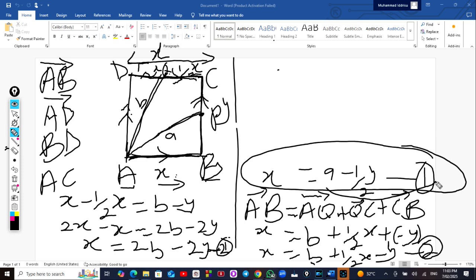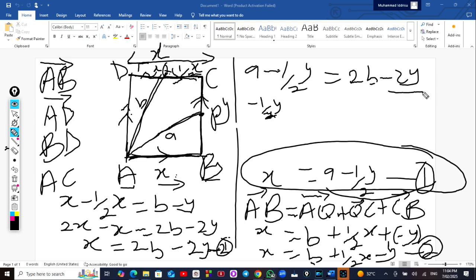That means 2B minus 2Y is equal to A minus half Y. So we can make Y the subject. We have negative 1 over 2Y, then we bring this negative 2Y here, plus 2Y is equal to what?